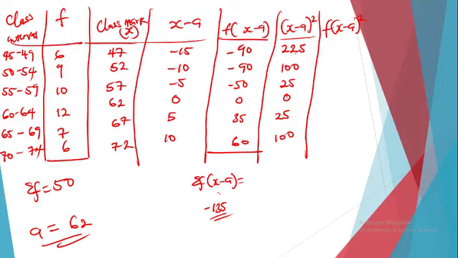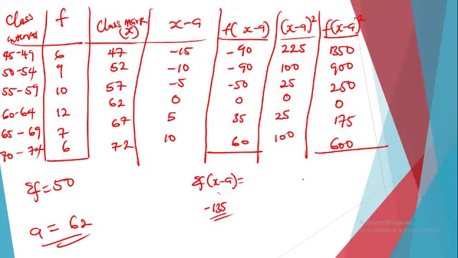So that means f times all this. 6 times 225 will give us 1350. 9 times 100 will give us 900. 10 times 25 will give us 250. 12 times 0 is 0, and 7 times 25 is equal to 175. 6 times 100 will give us 600.